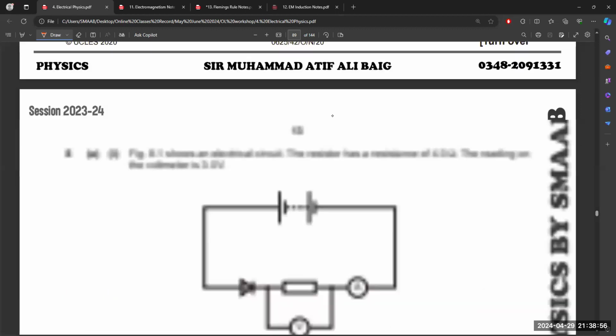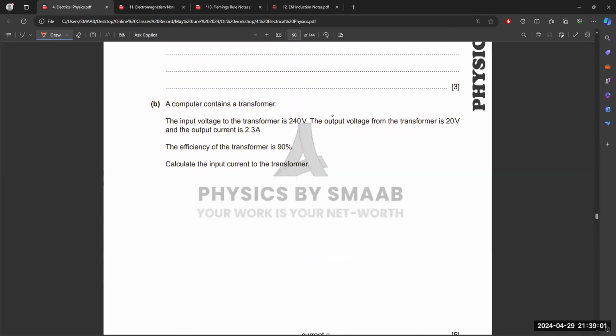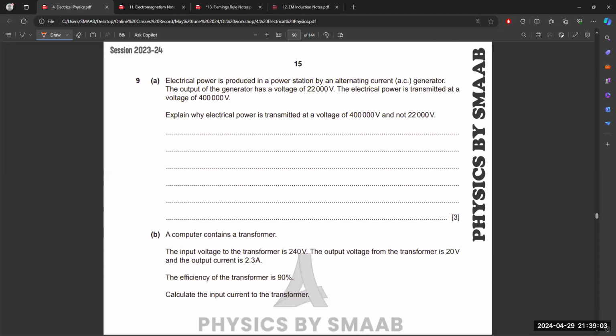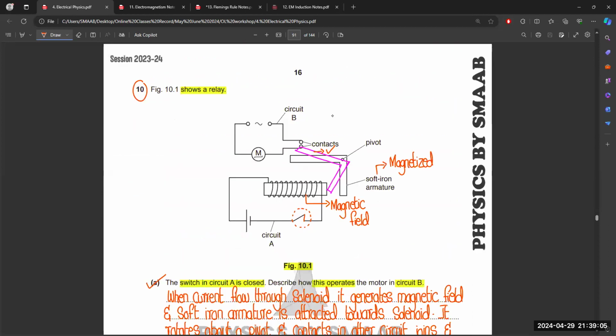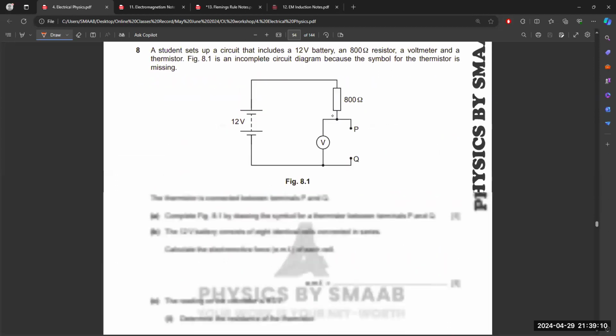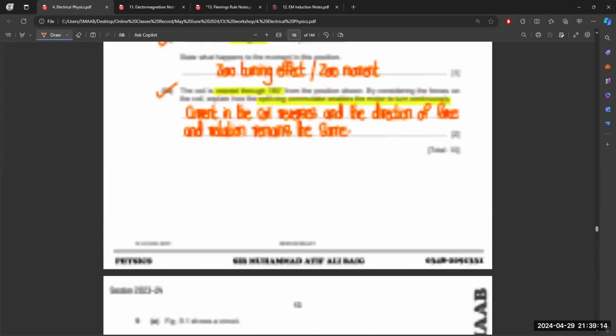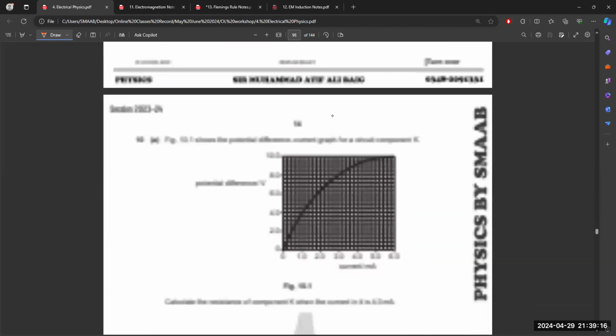You observe we missed many questions like this is from electricity, this is from AC transformer, this is from electromagnetism, AC transformer, electricity, magnetism, DC, electricity.